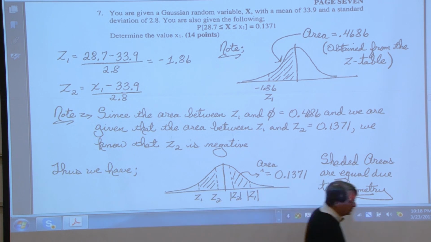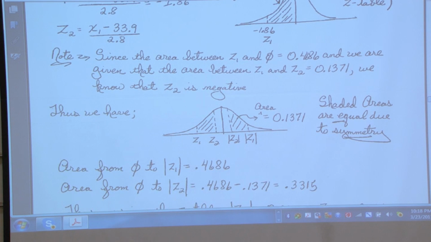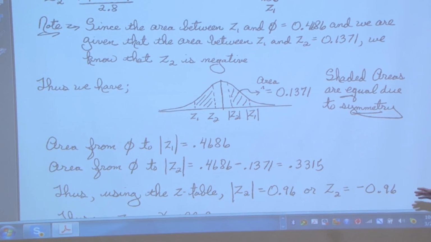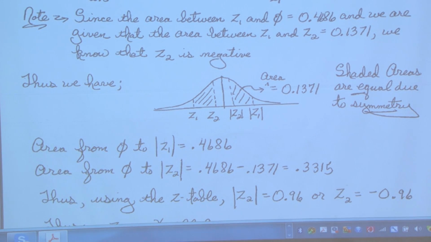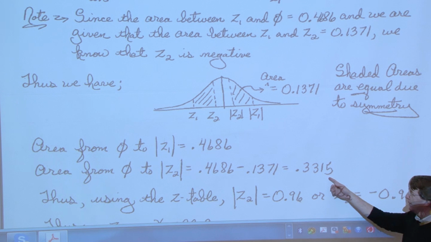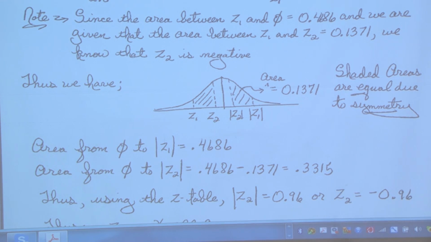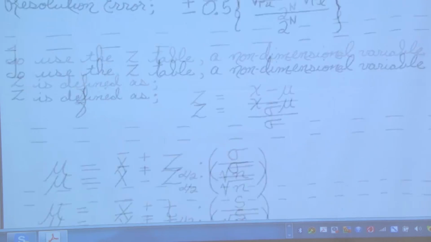I think we're almost done. Therefore, the area from 0 to Z2 has to be 0.4686 minus what's in the middle, 0.1371. I then look up 0.3315 in the Z table. Let's look it up, 0.3315.